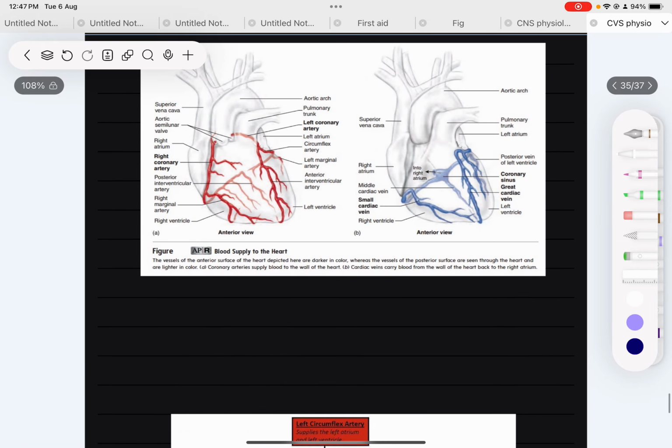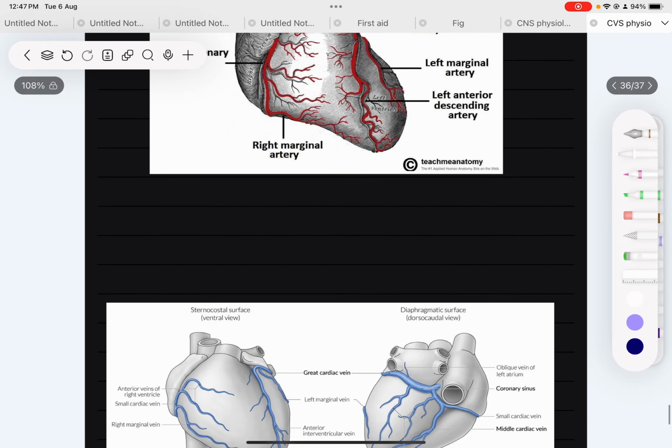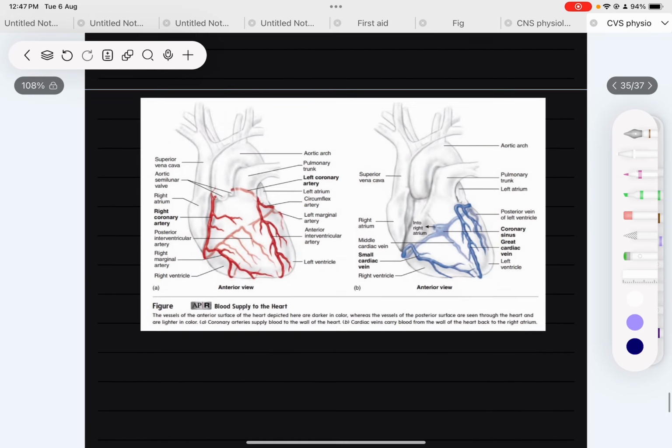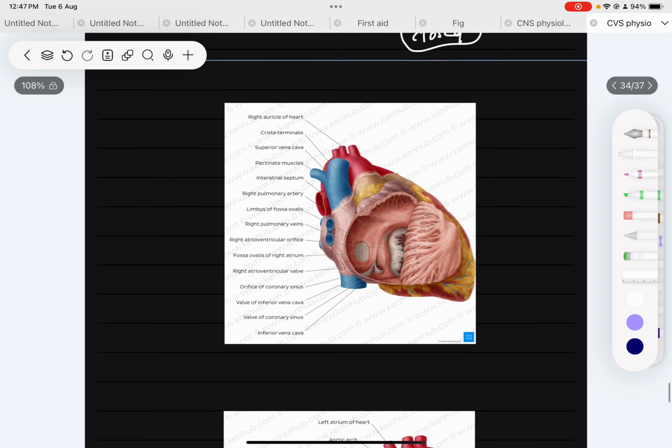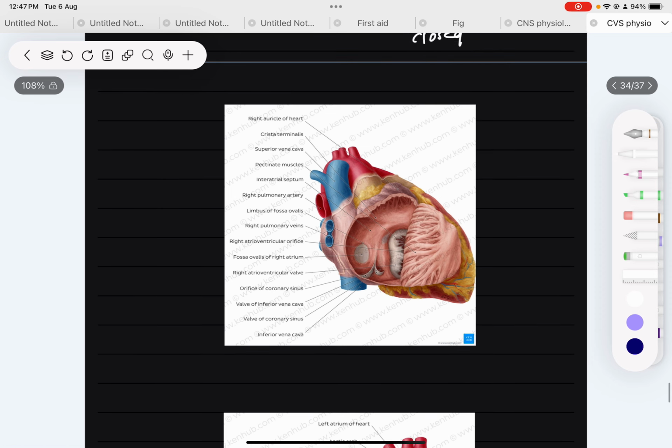Now about the inner structure of the heart. So first let's see the right atrium. In right atrium, as you can see, there will be two parts, smooth part and the rough part.